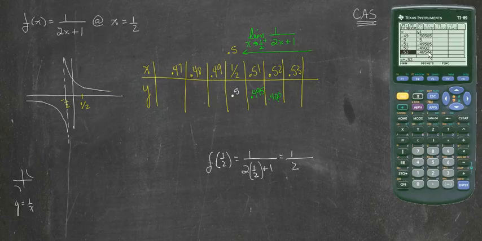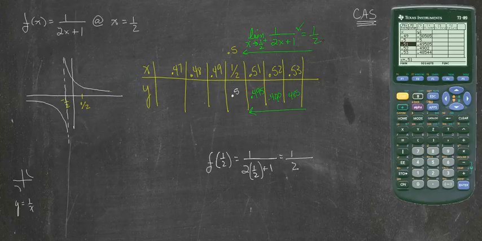At 0.53, graph value is 0.485. And we can tell that as x values are getting smaller and smaller and smaller, approaching 1/2 from the right, the y values are actually also approaching 1/2. So we can say that the limit from the right exists and equals 1/2.